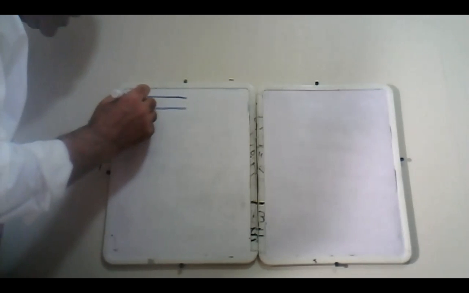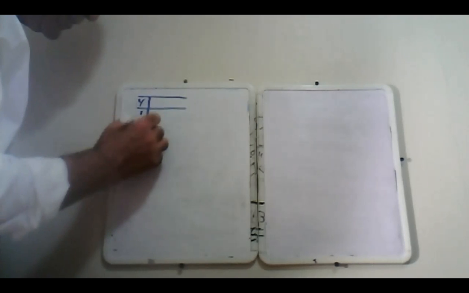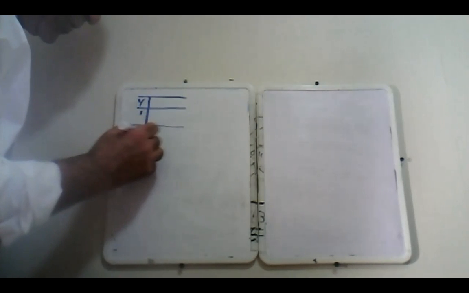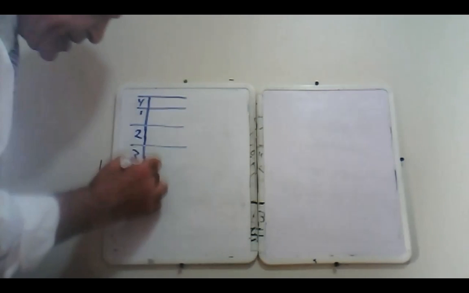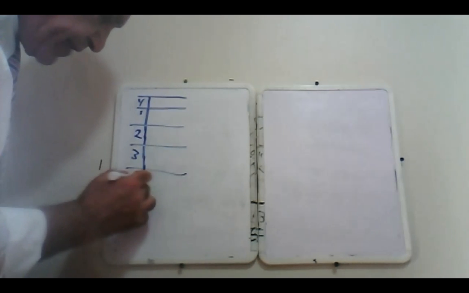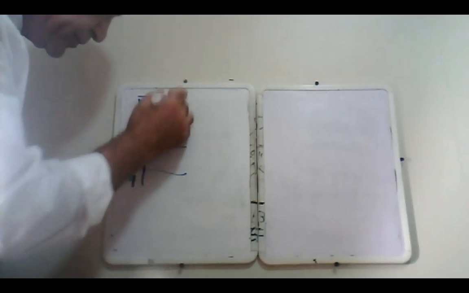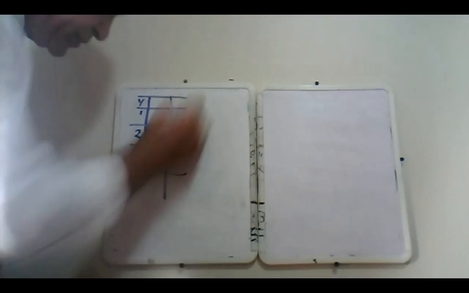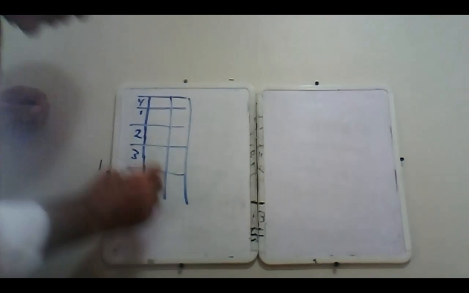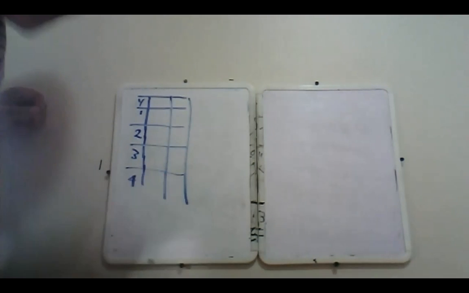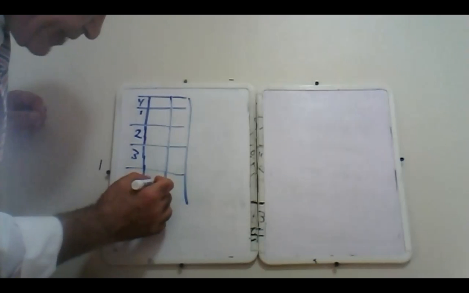Okay, this is year one, this is year two, this is year three. And I asked you for year number 4. What would year number 4 look like?